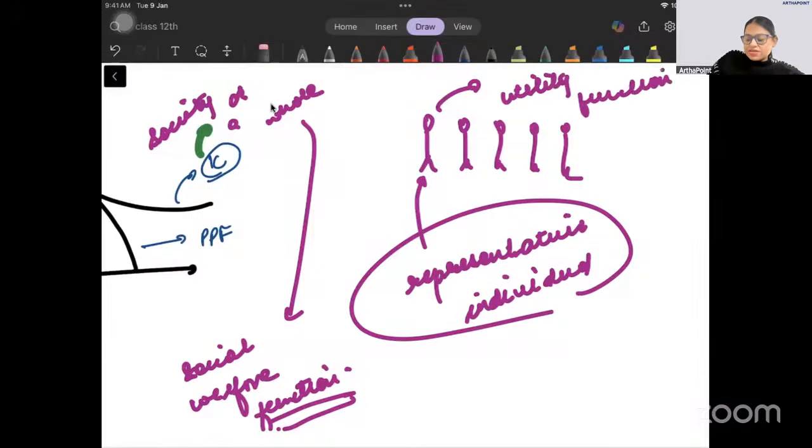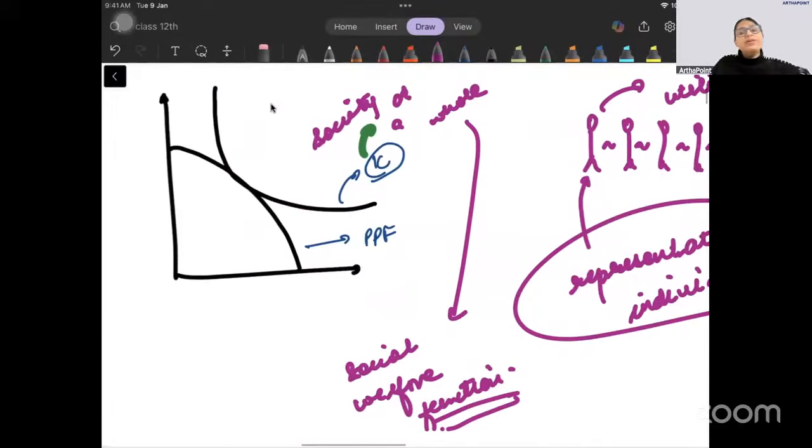So you would always read the statement, the utility function of the representative individual is. ऐसा हम लिखते हैं. क्यों लिखते हैं ऐसा? Because we assume कि all these individuals are the same. So when you work with one individual, it's working with the society as a whole. So sometimes we take a representative utility function, which represents the utility of all. And then we take the production possibility frontier and we work with the tangency.